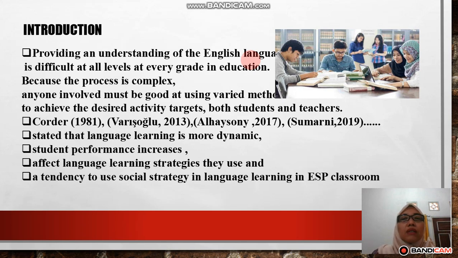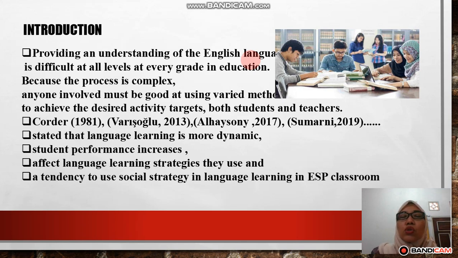So the issue of this research is mapping something before entering the classroom. That is mapping the strategies in learners during the learning process.